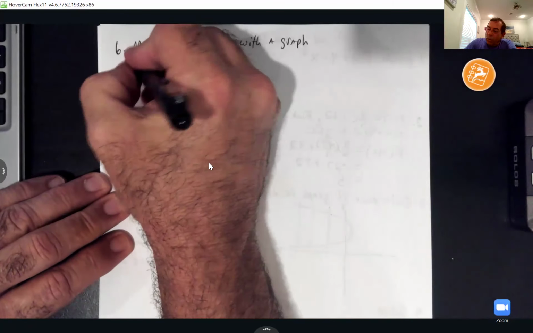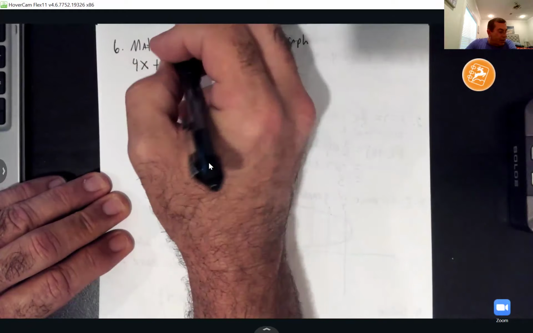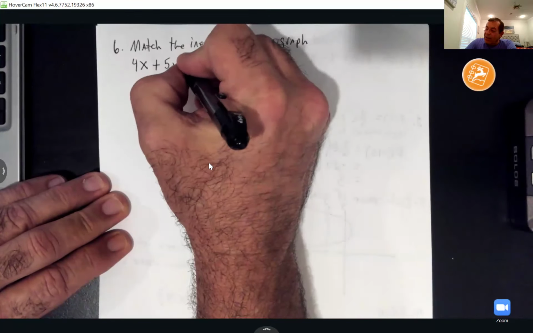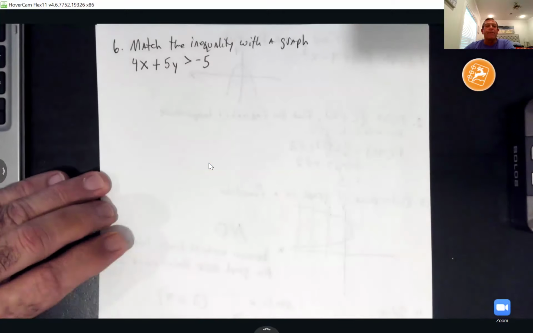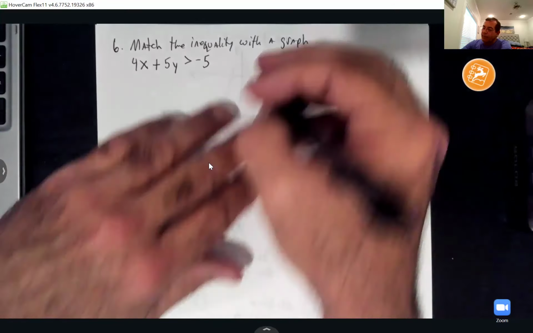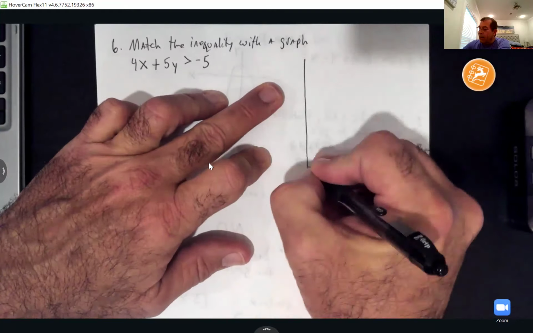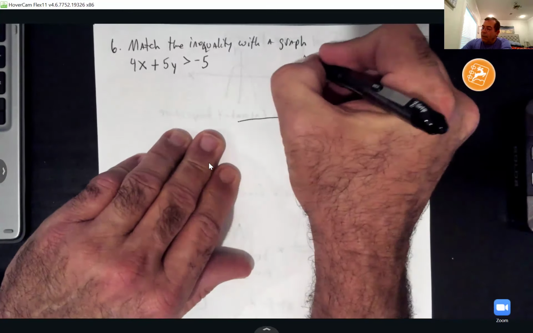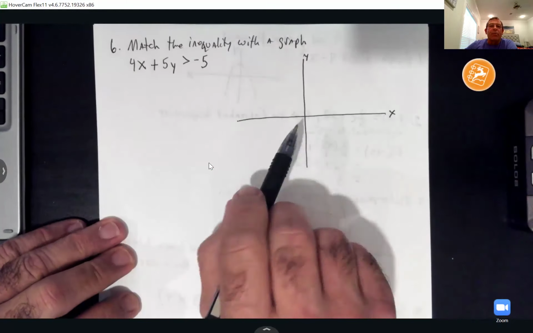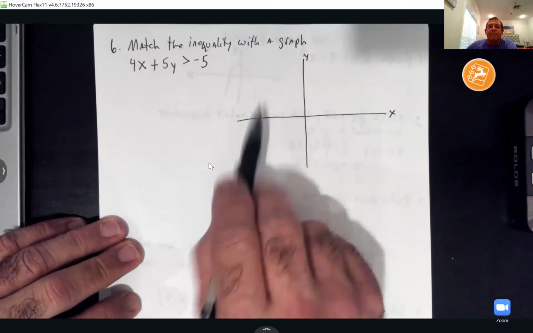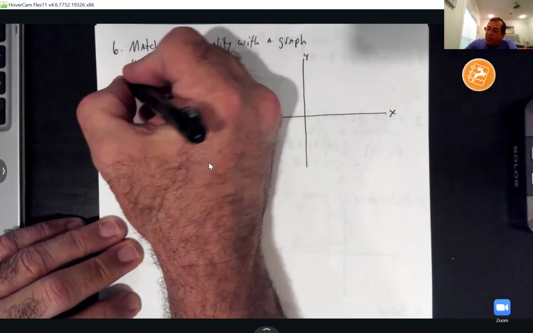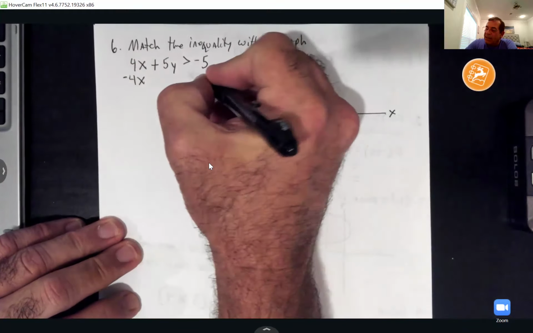All right, y'all, so 4x plus 5y is greater than -5. All right, so I'm going to solve it first to see what I need to do for my graph here. So the first thing I'm going to solve this for y. So I'm going to subtract 4x from both sides.